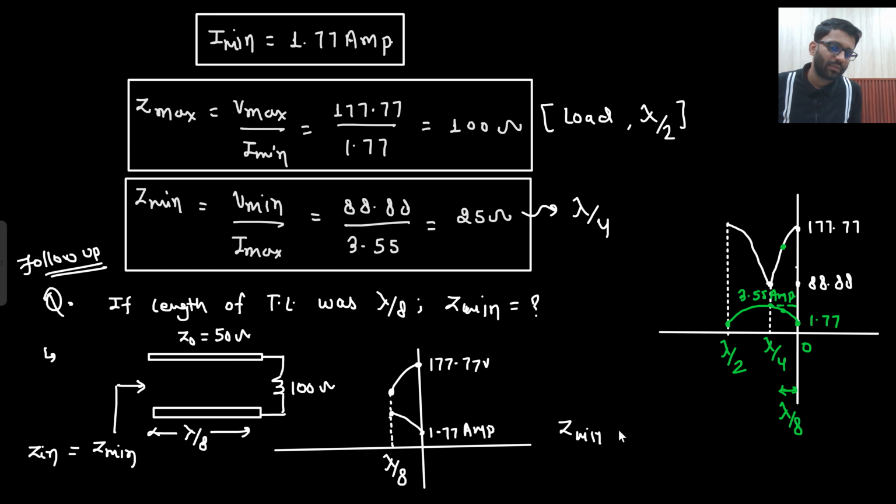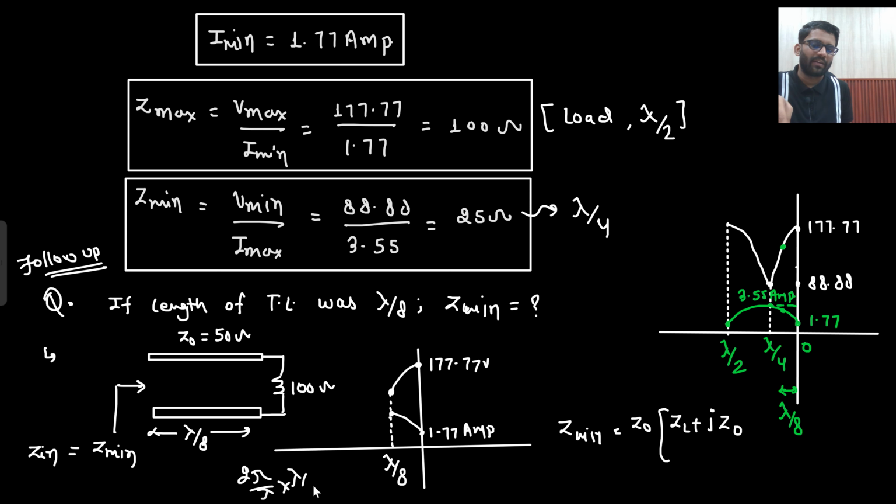That would be equal to Z naught into ZL plus j Z naught tan beta L, divided by Z naught plus j ZL tan beta L, and the value of tan beta L will be 1, because we have already seen this. Beta L is 2 pi by lambda into lambda by 8, so beta L is pi by 4 and tan pi by 4 is 1.